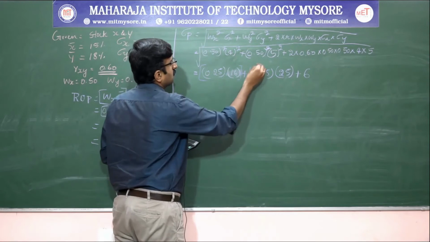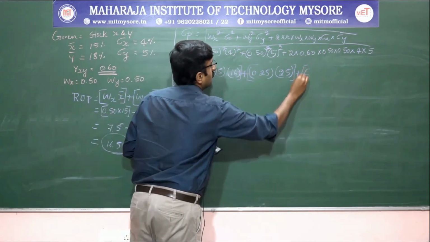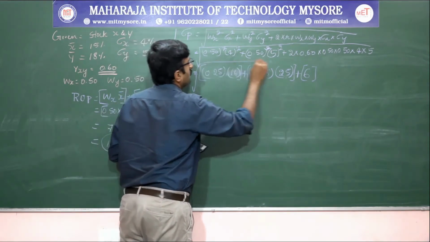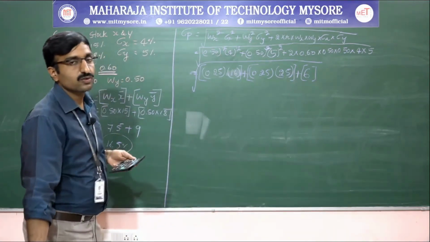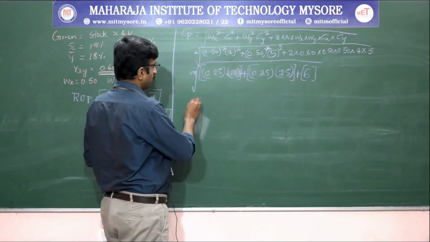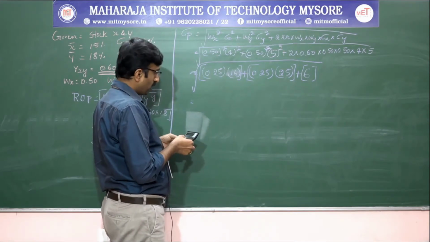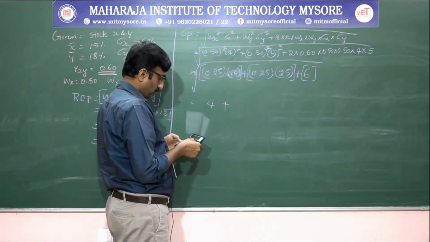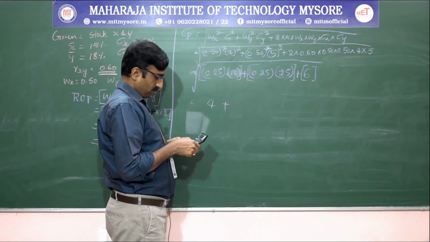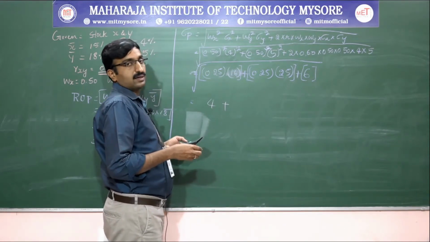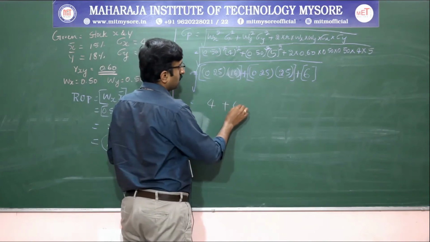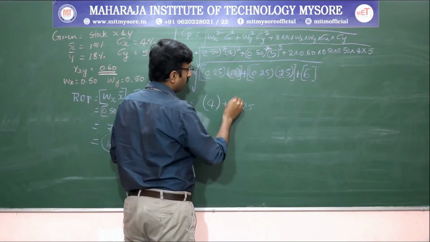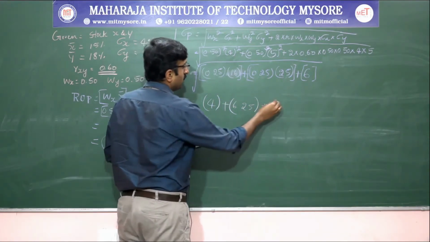Combination of this and this one, root of this will be considered for the calculation of standard deviation P. So, first 0.25 into 16 you will get 4, plus 0.25 into 25 you will get 6.25, plus 6.